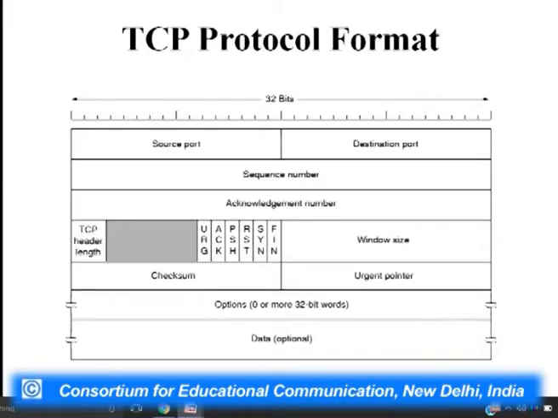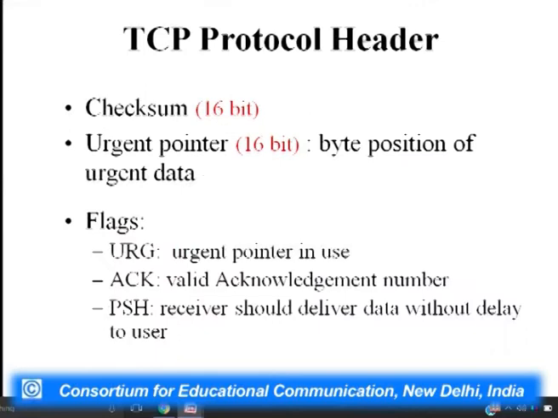Then there is a checksum field now. What does this checksum field mean? The checksum field is a 16-bit field, and it is used for error checking. That means checking whether the TCP segment received by the receiver has an error or not.